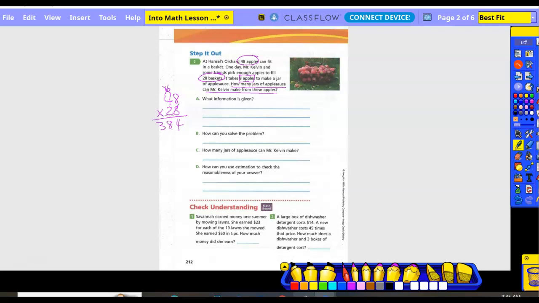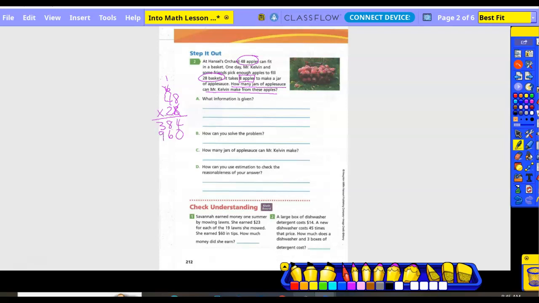Mark off the 6, mark off the 8, put a 0 because I'm moving into the what? 10 spot. 2 times 8 is 16. Carry the 1. 2 times 4 is 8 plus 1 is 9.